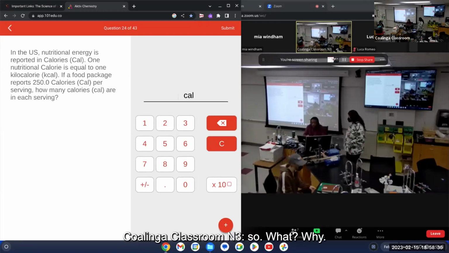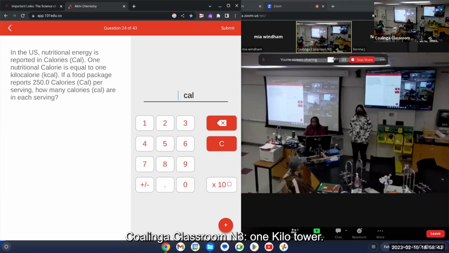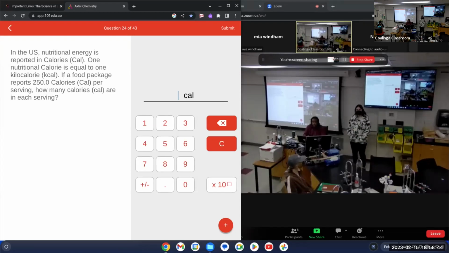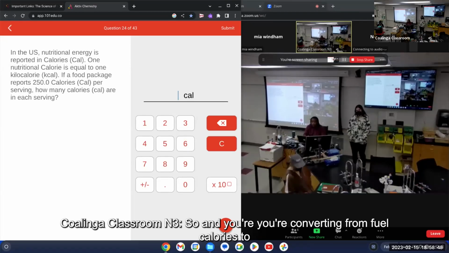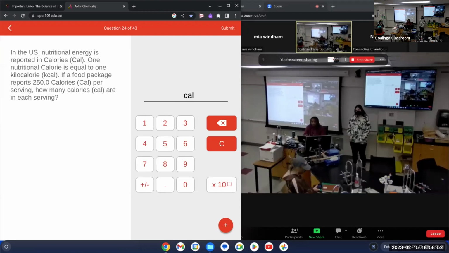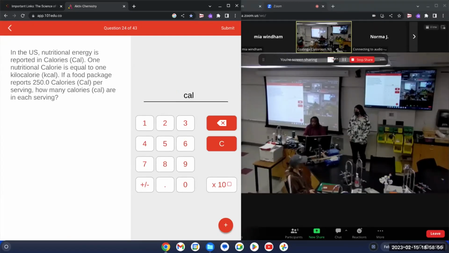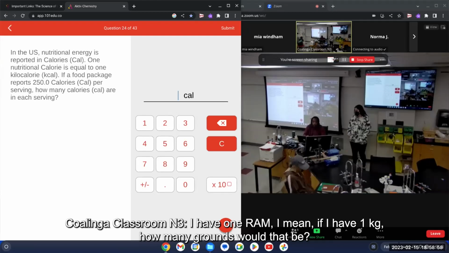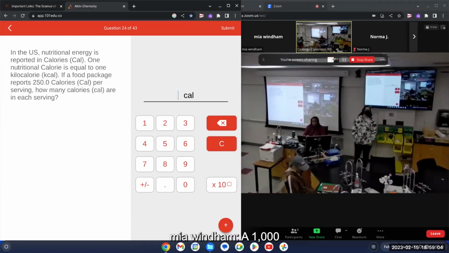So one capital calorie is going to be equal to 1 kilocalorie. And you're converting from kilocalories to the smaller case calorie, right? So if I have 1 kilogram, how many grams would that be? 1,000.